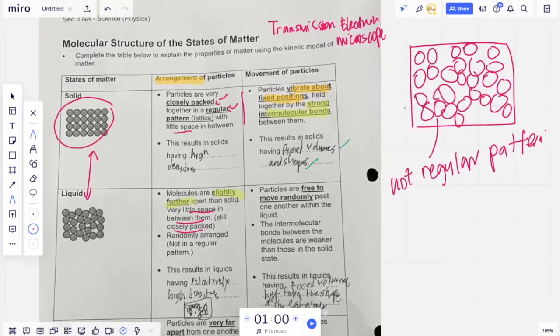Therefore, as we said earlier about density, they will have relatively high density. The density is not as high as in solids, but they are still considered as having high density.